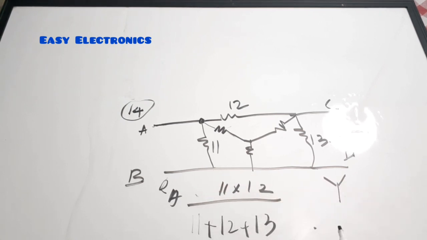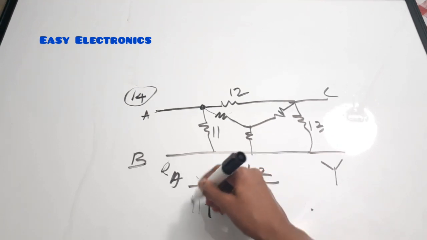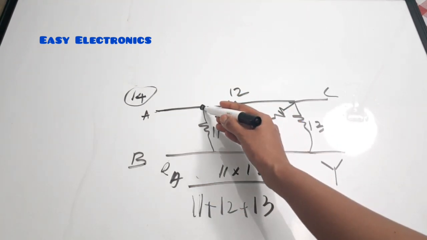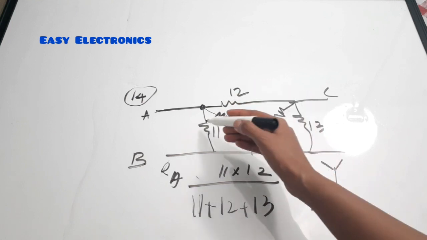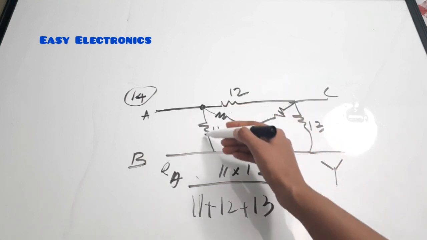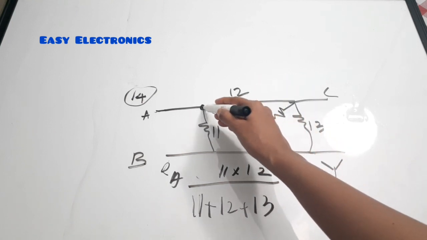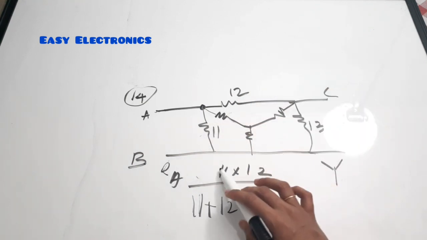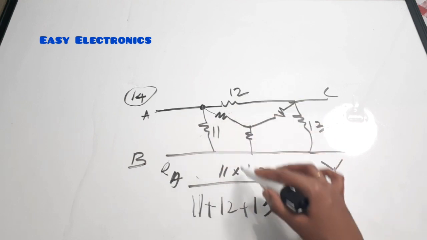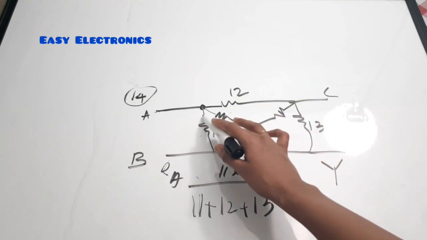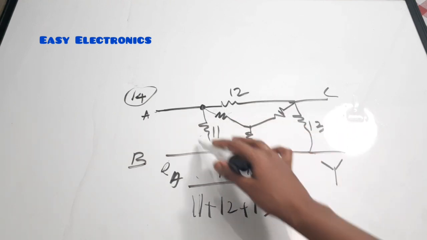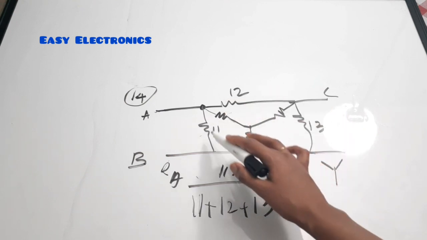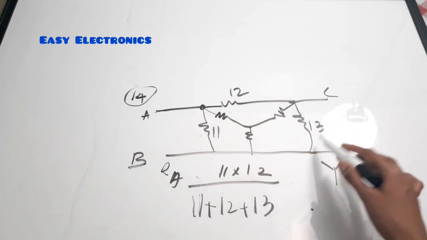So the concept is, whichever node's resistance you have to find, take the product of the resistances connected to the node. So here it is 11 and 12. Take the product of 11 and 12 and form a numerator. The denominator will be the sum of the three resistors in your delta, which is 11, 12 and 13.